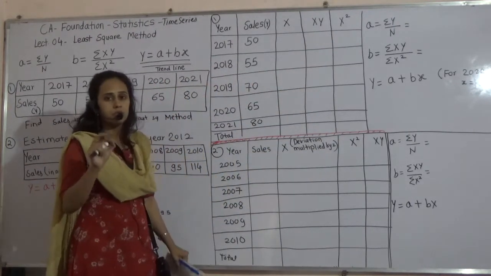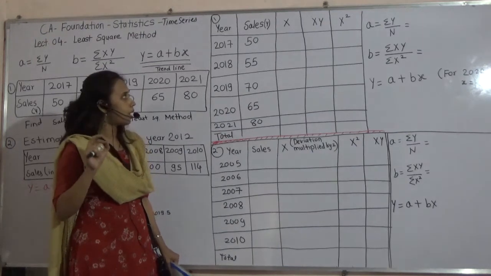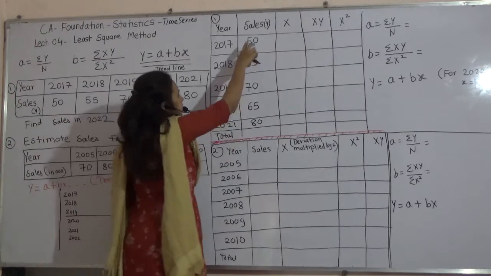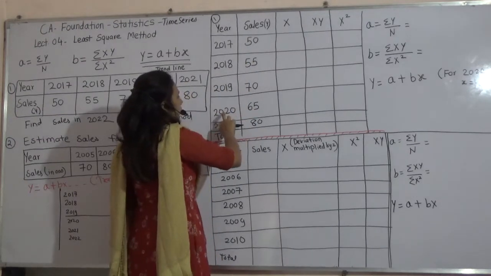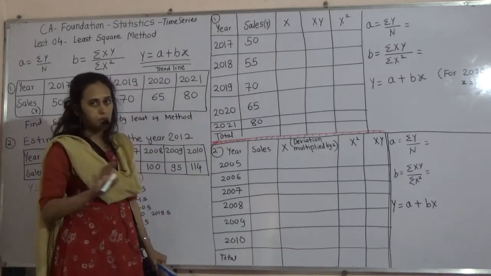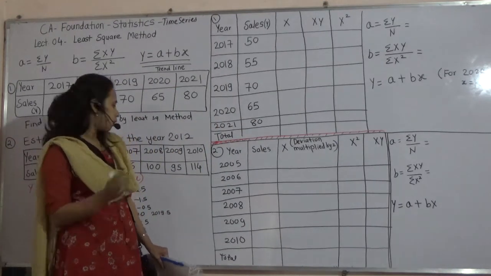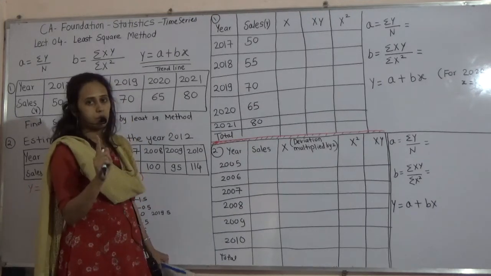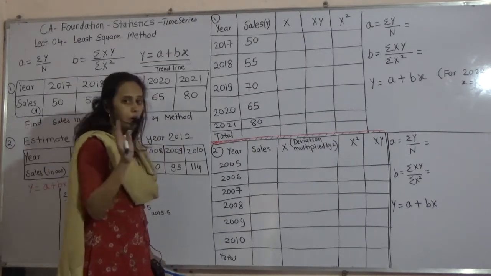Now the question is how to find the x figure. See, these are how many years? 1, 2, 3, 4, 5. For odd figures there is no confusion. For even I will show you the calculation. But now concentrate on how to calculate x for odd years.